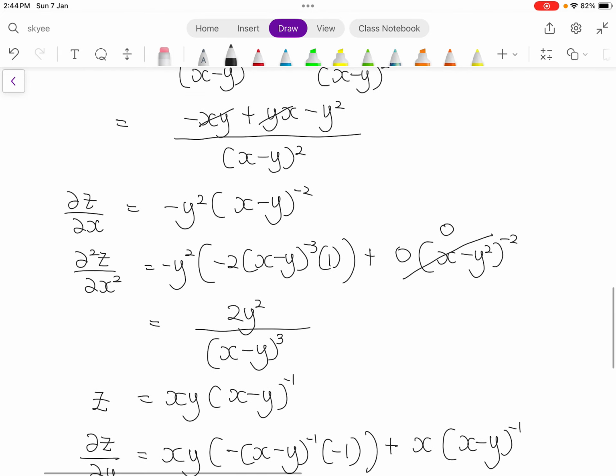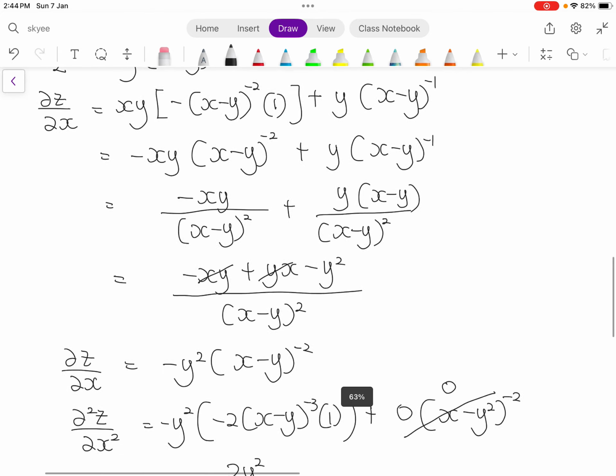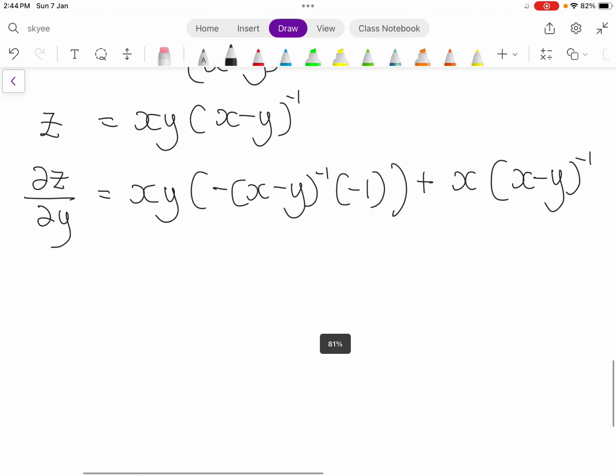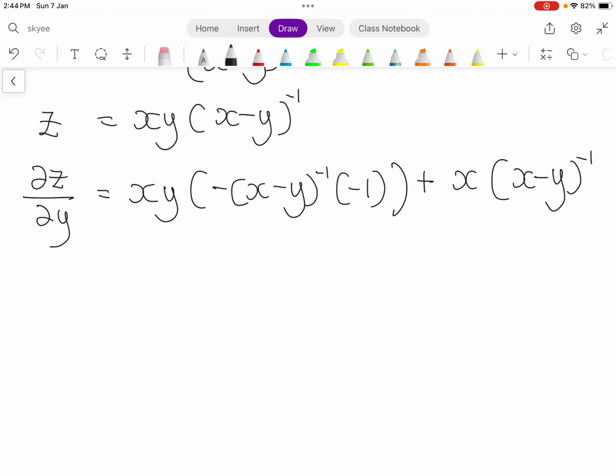I'm using the UV rule. So same like the previous one, you can simplify it. This is negative 2.